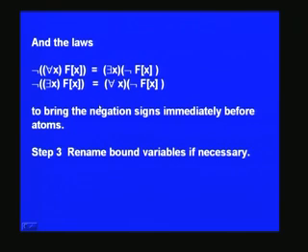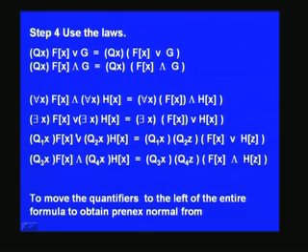The third step is rename bound variables if necessary. We shall see what it is by taking some examples. And step 4 will be make use of the laws. Now, if you have q of x, f of x or g, where g does not contain x, you can write it like this.